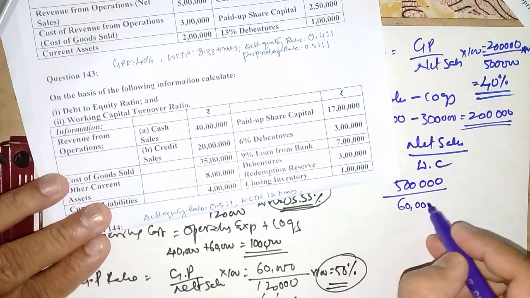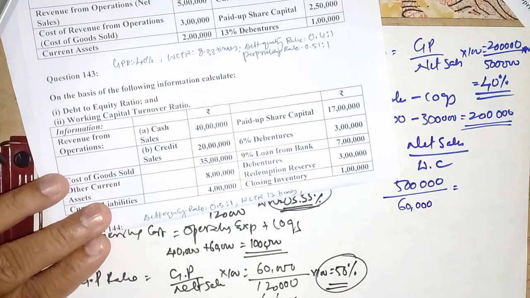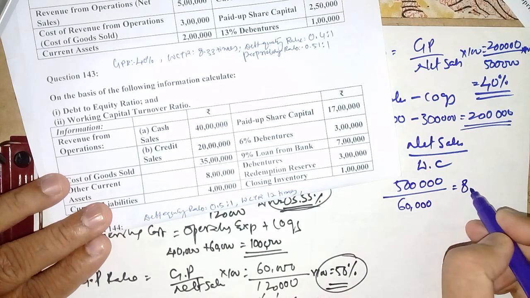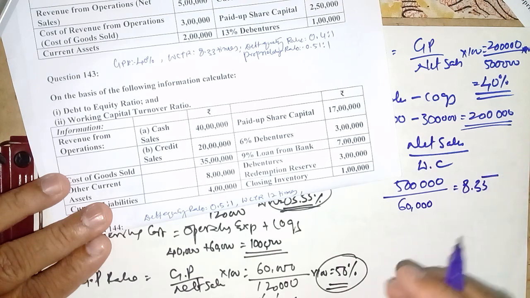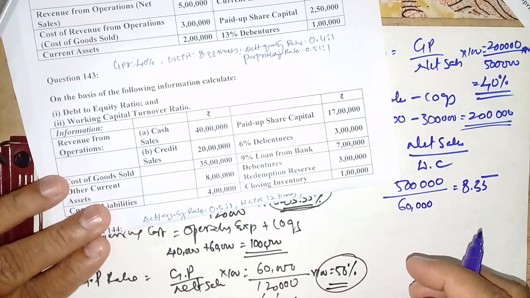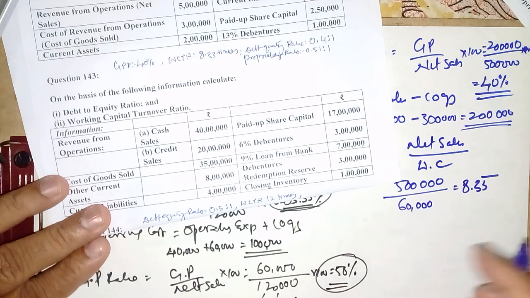So 60,000 is working capital. So 5 lakhs divided by 60,000 is equal to 8.33. So our working capital turnover ratio is 8.33.